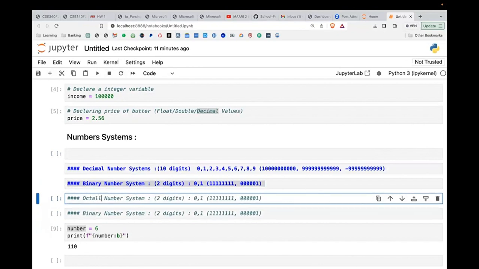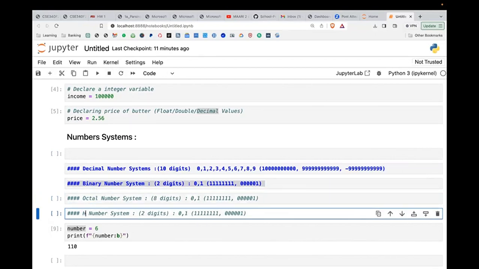octal number system. Octal has 8 digits, and this is hexadecimal, which has a total of 16 digits.